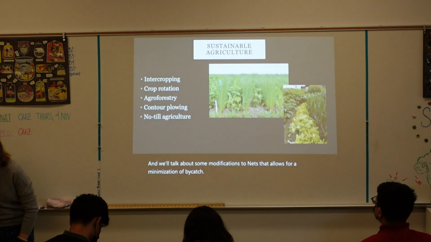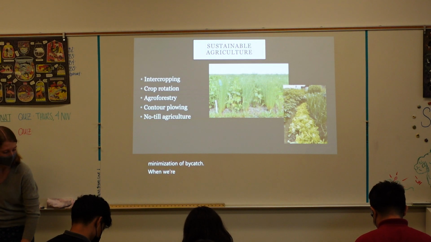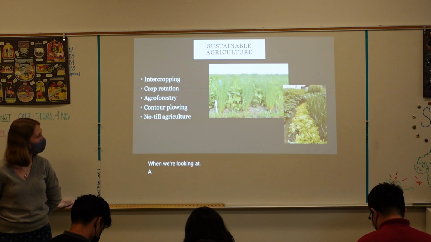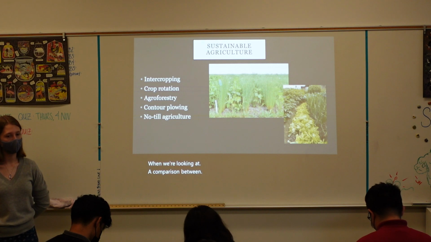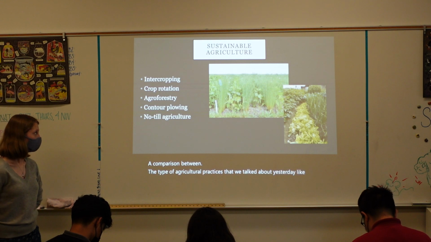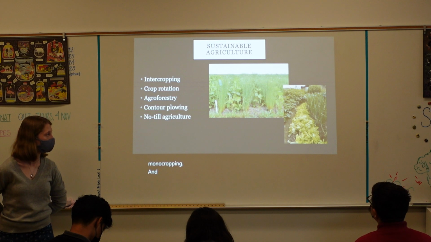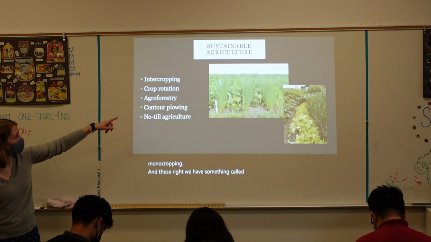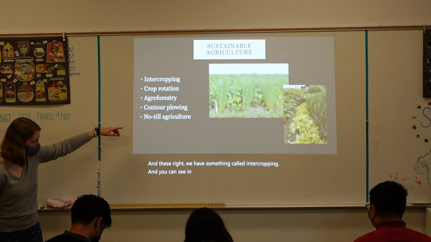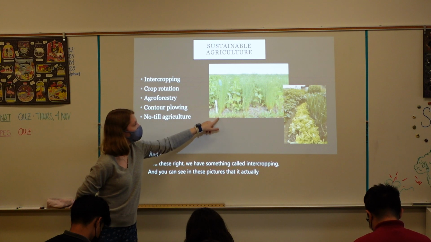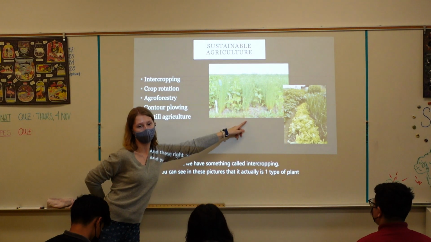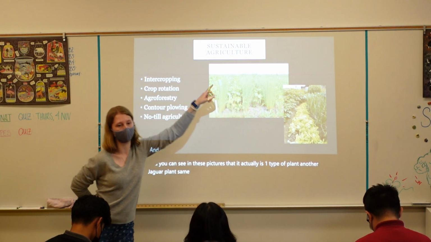So, when we're looking at a comparison between the type of agricultural practices that we talked about yesterday, like monocropping, and these, we have something called intercropping. You can see in these pictures that it's one type of plant, another type of plant, the first plant, second plant, first plant, second plant.